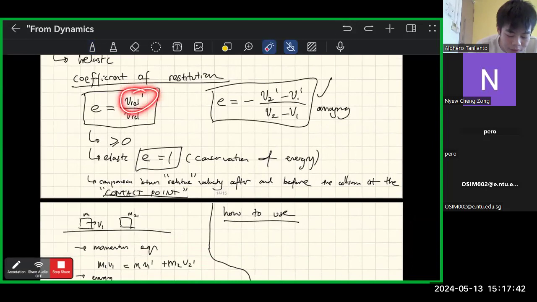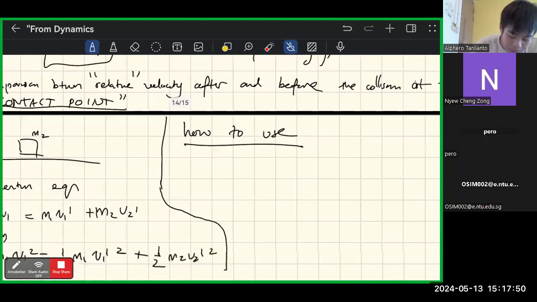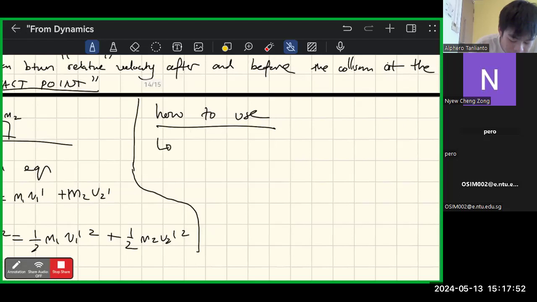It's the relative velocity after divided by relative velocity before. It's very easy to use the coefficient of restitution. It's not mine, but it's just the real definition.